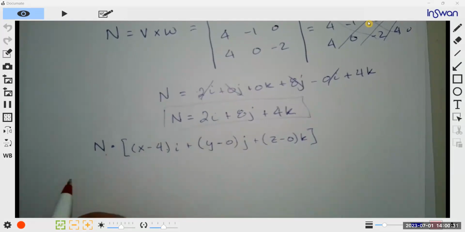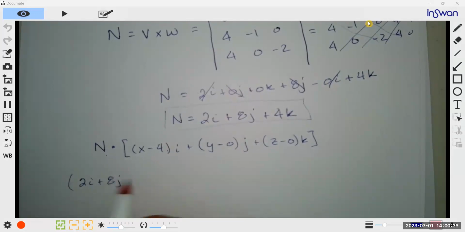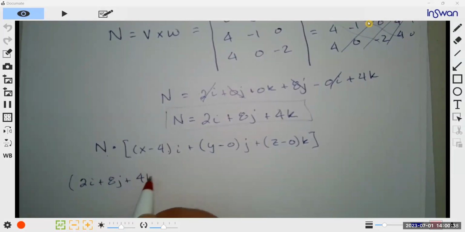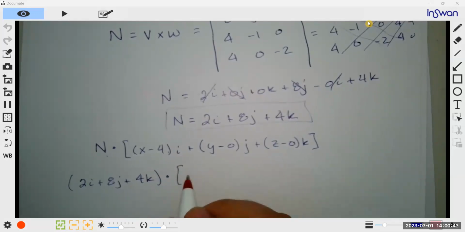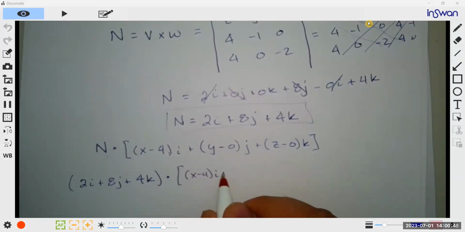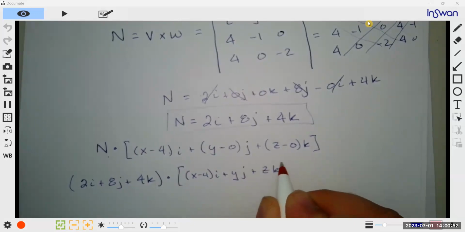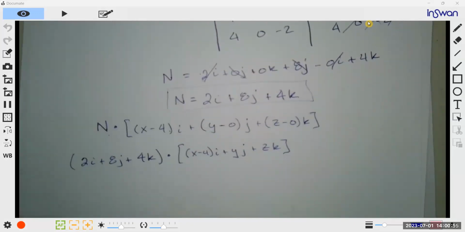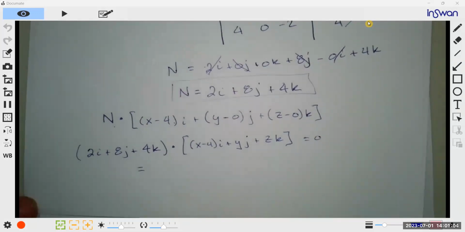So n is the vector 2i plus 8j plus 4k dotted with x minus 4i, yj, zk. Solve this equation.